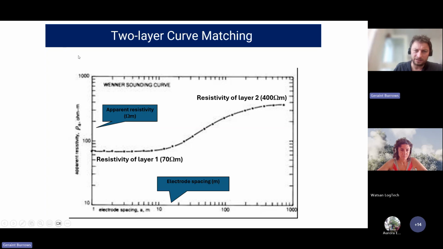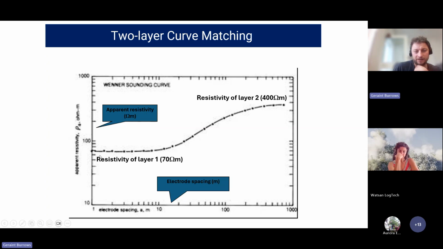So this is an example of a resistivity curve, a vertical electrical sounding curve, where you've got electrode spacing at the bottom, and you've got the apparent resistivity that's being measured running along the y-axis.